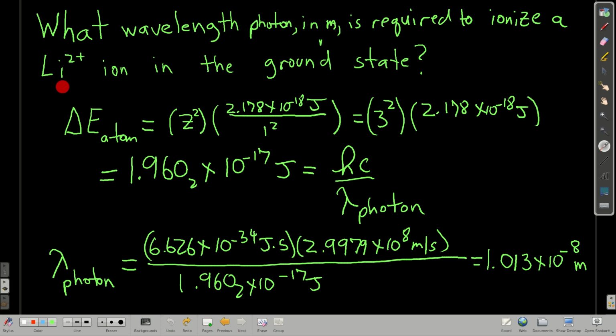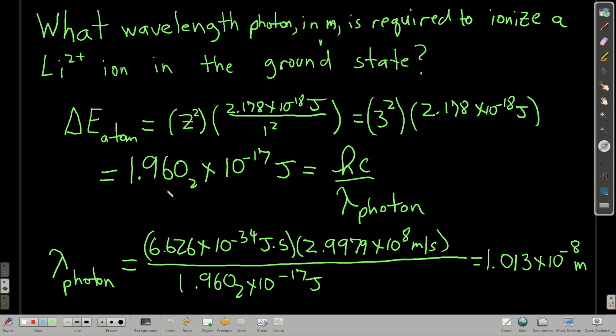And this is a hydrogen-like atom because lithium with a positive 2 charge only has 1 electron left, so it works. So the change in the energy of the atom, the ionization energy, remember, is just Z squared. Now Z is 3 because lithium has 3 protons. 9 times 2.178 times 10 to the minus 18th joules over n initial squared. N initial was 1. If it was something else, we'd have to put that number in here.